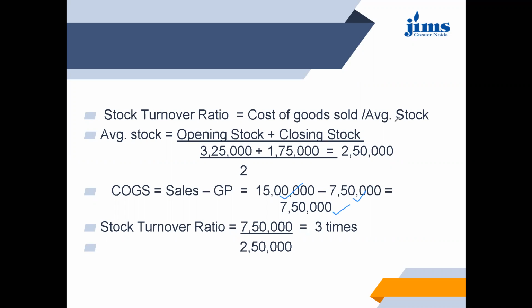Then we have to calculate the average stock. Average stock is the average of opening and closing stock. Opening stock is given as 3,25,000 and closing stock is given in the balance sheet, that is 1,75,000.